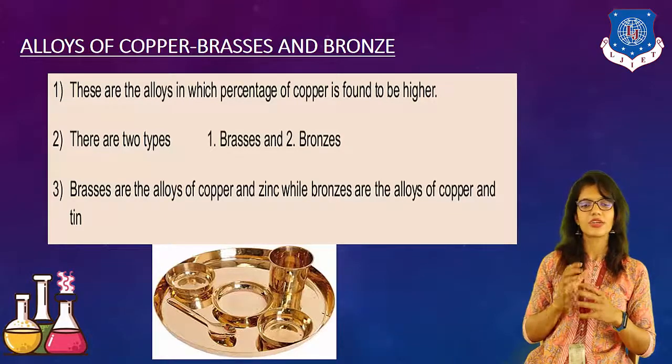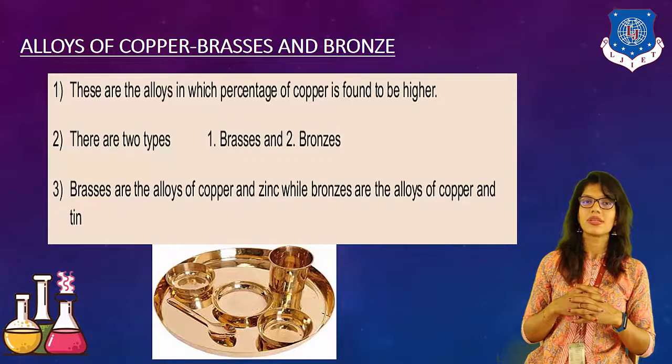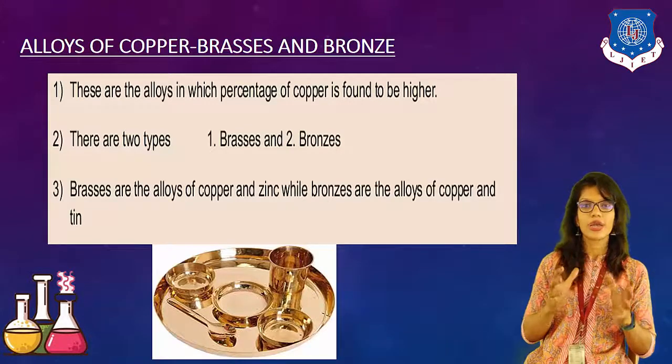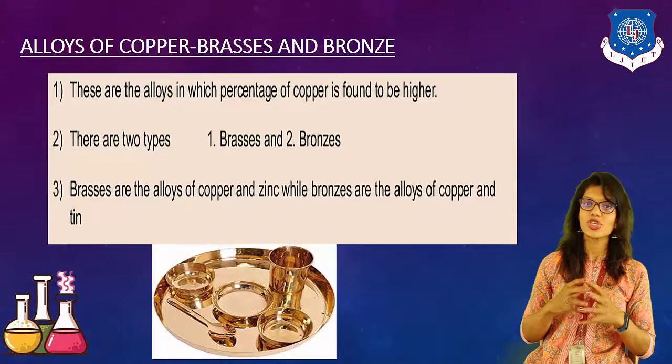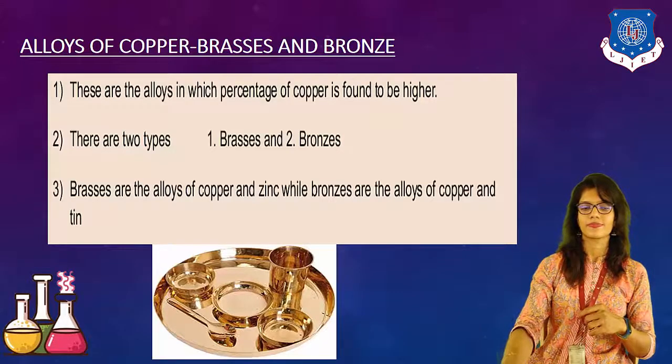This is the basic difference between brass and bronze. They are widely used in manufacturing dinner sets, different kinds of decorative items, furniture, and in making handles, decorative handles, everywhere.